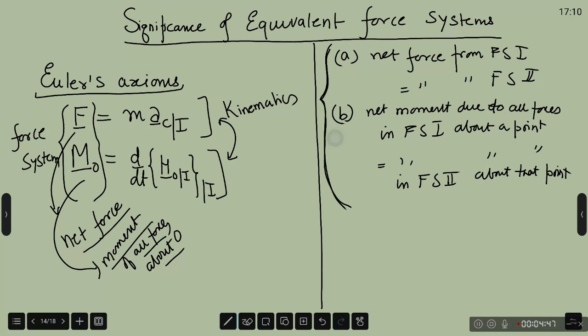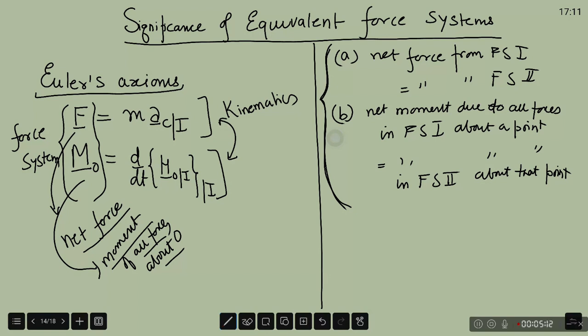I am repeating: if you have force system 1 acting on an RB, and force system 2 acting on the same RB today and tomorrow, the motion of the RB will remain the same if the net force is the same and the net moment about O is the same. Indeed, that is the definition of two equivalent force systems.